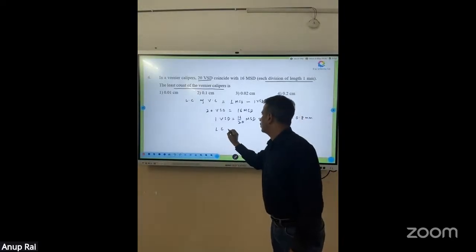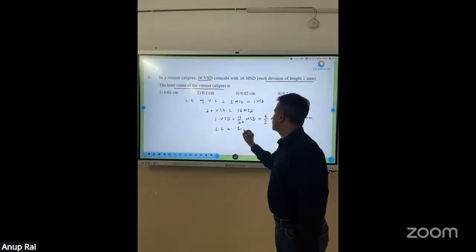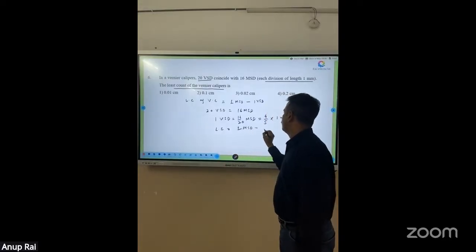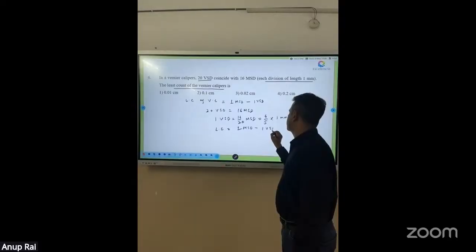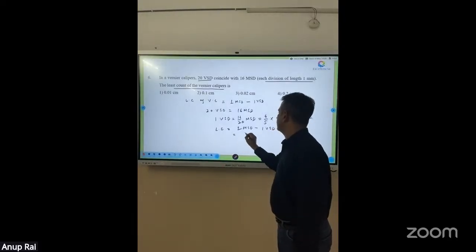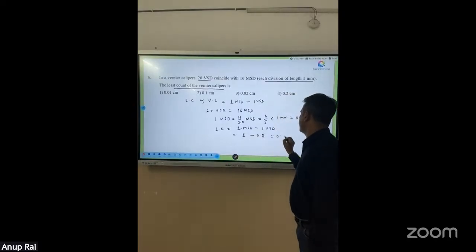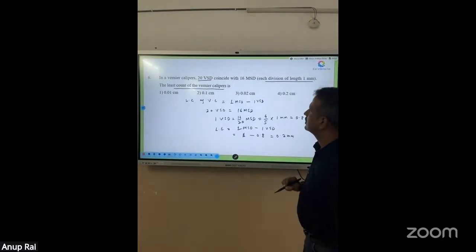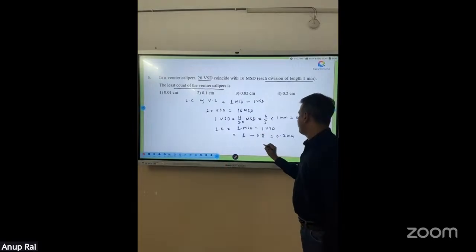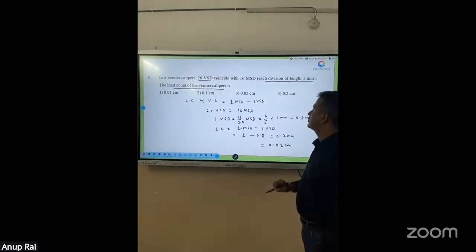And hence the least count will be 1 MST minus the value of 1 VST, which is 1 millimeter minus 0.8 millimeter, 0.2 millimeter. The same 0.2 millimeter can be written as 0.02 centimeter. So the answer is 3.